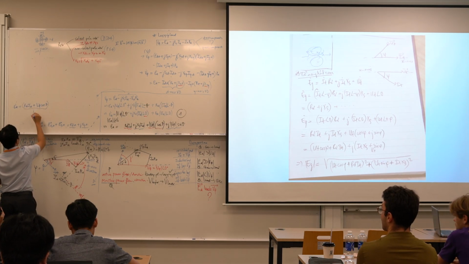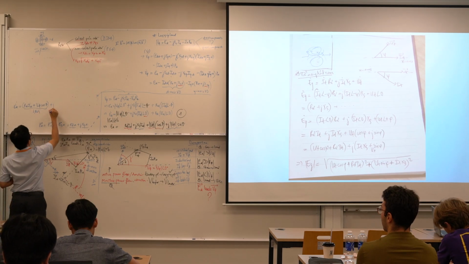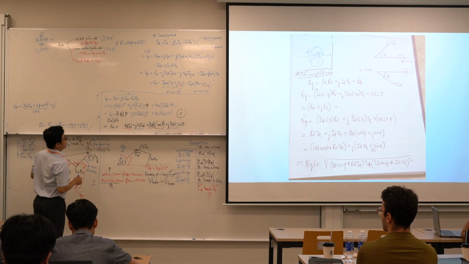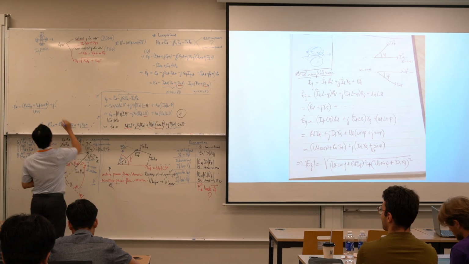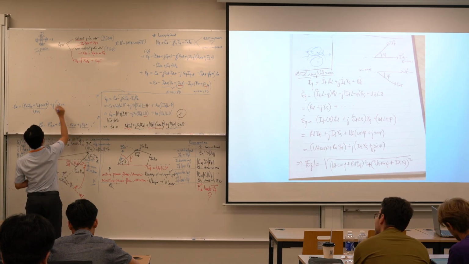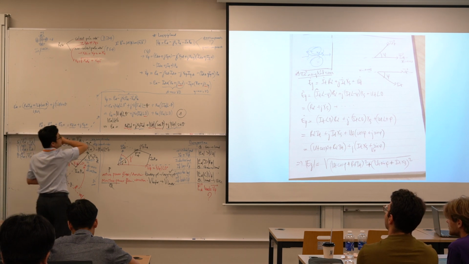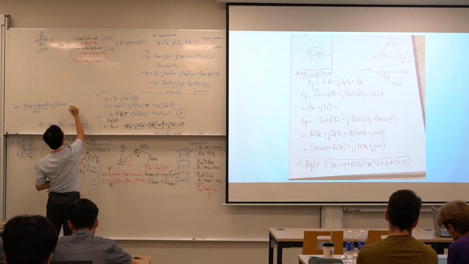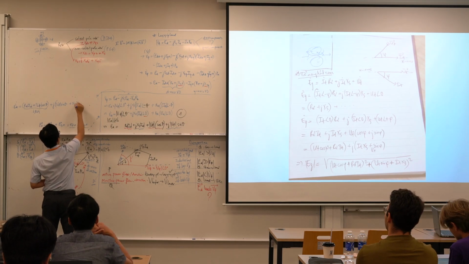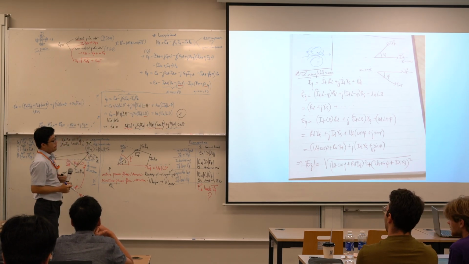Okay, this is the real part. Plus j, we have V phase sine theta plus XS IA. You get this one?